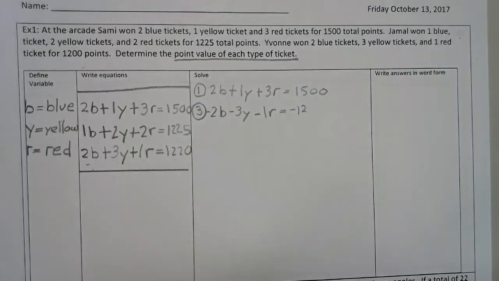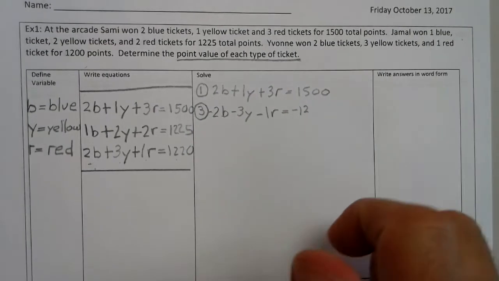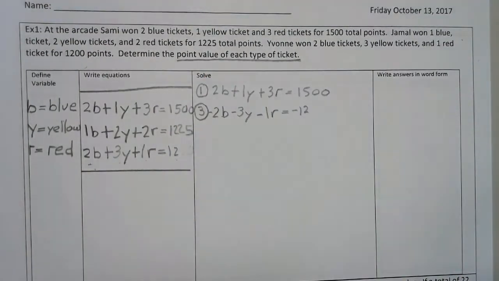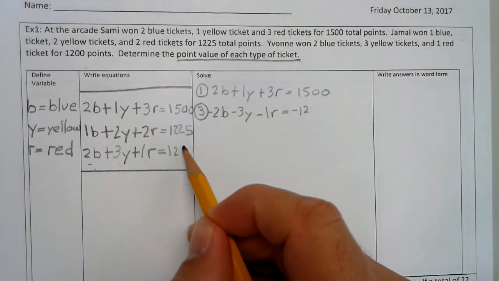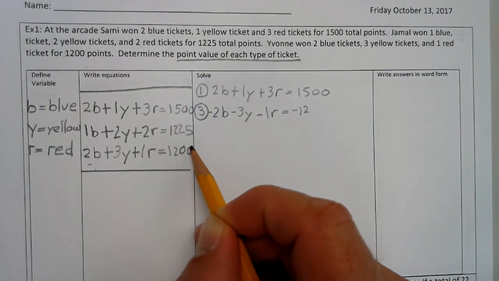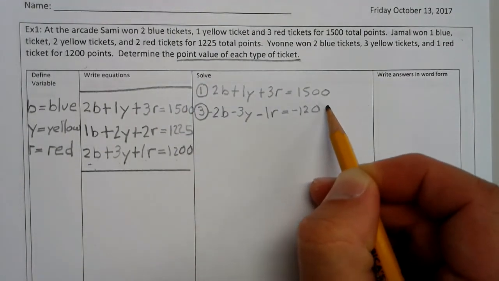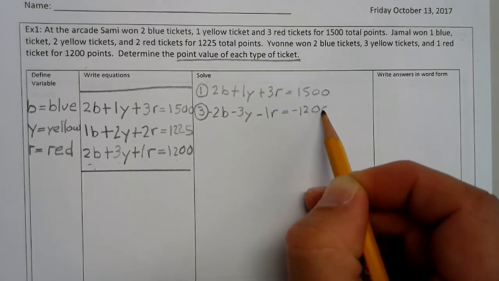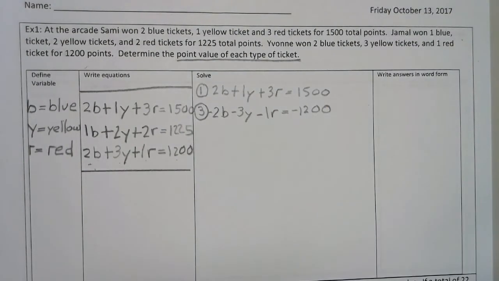Wait a second, that's not 1,200. That's 1,200. Whoa. I'm sorry about that. I don't know how I wrote 1,200 as 1,220. But there you go.